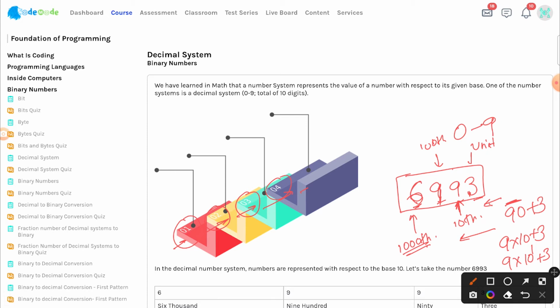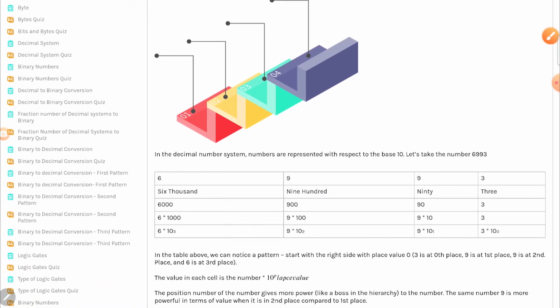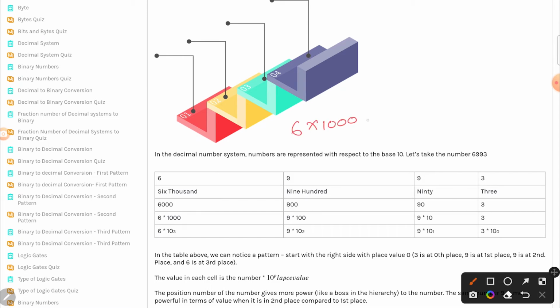Now this concept applies in other number systems too, and that is why it is important to remember that when we say 6993 or any number for that matter, we are basically saying 6 multiplied by 1000 plus 9 multiplied by 100 plus 9 multiplied by 10 plus 3.